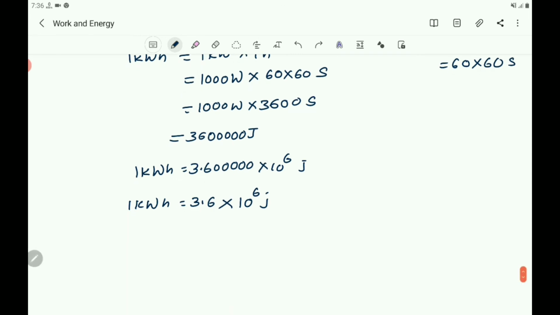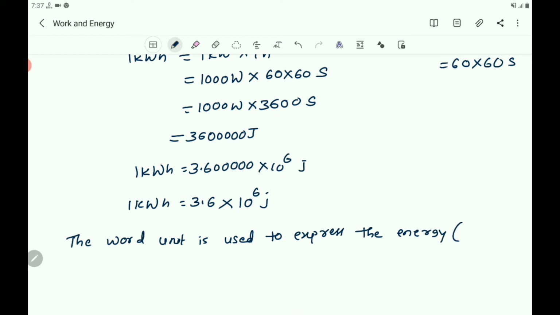So the word unit is used to express the energy used. Energy means here electricity.